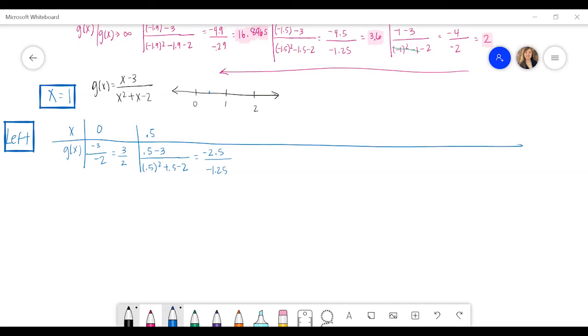And if we divide, we end up with actually just a 2. Okay, and then maybe let's try 0.9. And again, if you don't see it, add more points. You have full control over that.